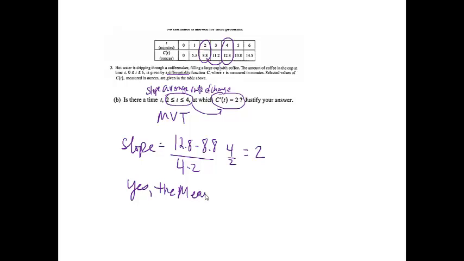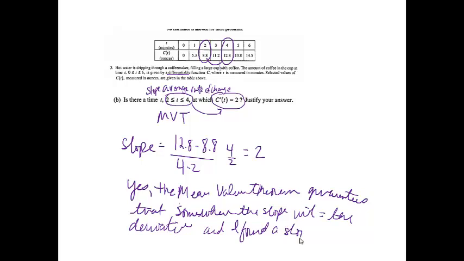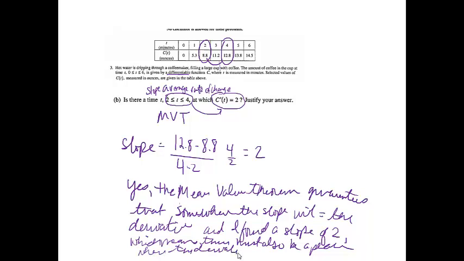I'm going to say the mean value theorem guarantees that somewhere the slope will equal the derivative, and I found a slope of 2, which means there must also be a place where the derivative equals 2.